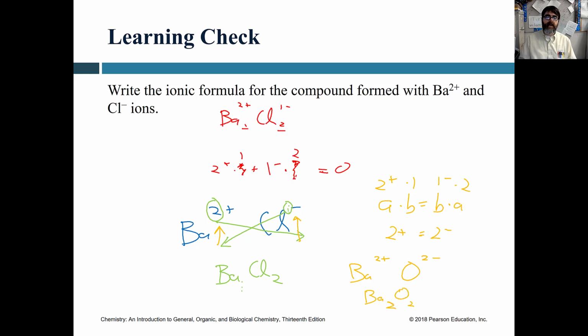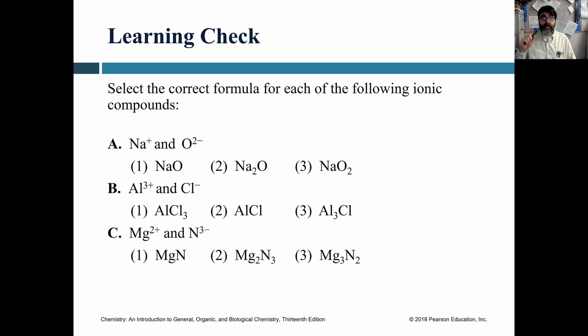We'll fix that 2 there. And now this is correct. This thing is neutral. Two positives cancel out with 2 minuses. However, we write it as the lowest whole number ratio, as the note said, so you have to simplify it. As long as you double check and make sure that it can't simplify, the crisscross is guaranteed to work to come up with the correct formula. That's how I'm going to handle these.